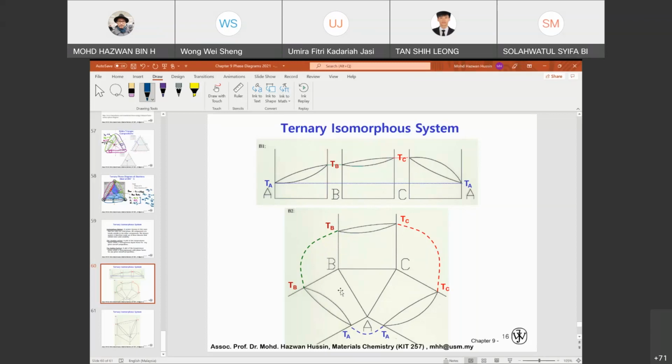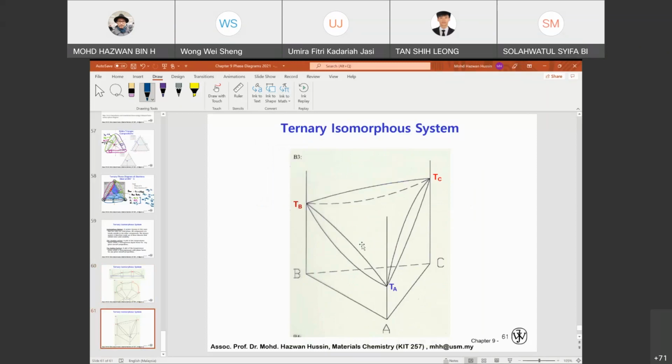If we combine this, it will form a triangle. At the same time, this is the isomorphous system, so you have liquid plus alpha, same for the others. And this is also another example of a ternary isomorphous system.